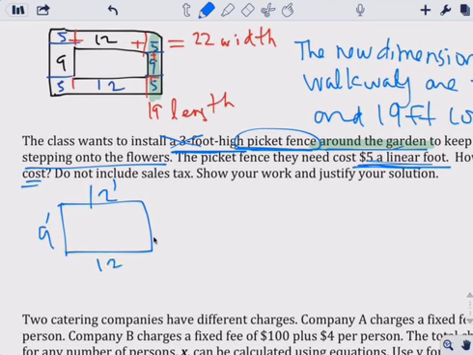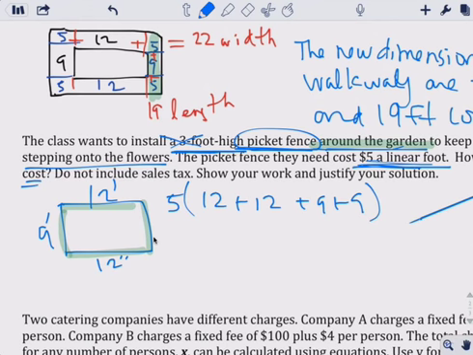Well, if this is 12, make sure it goes around 9, 12, 9, and 12. We're going to put a fence around it. So 12, around the two 12s, around the 9s, and we multiply that answer by 5. So that's 24 plus 18.